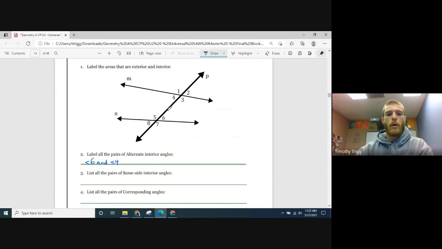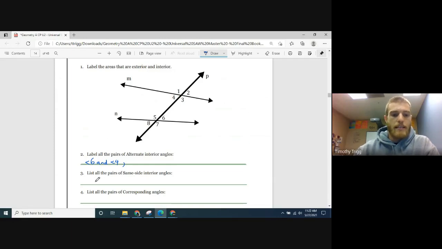Okay, so that would be one pair of alternate interior angles. Do you see how they're on alternate sides? Basically opposite sides, but they're both interior. What would be the other pair of alternate interior angles? Looking at the picture, see if you can figure that out.